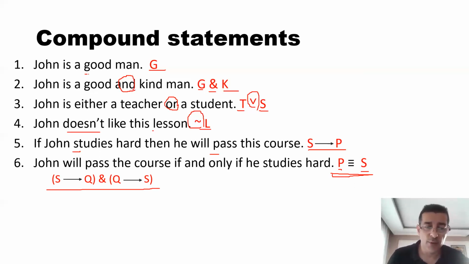But for now, what is this? This is a conditional operator. What is this? This is a conjunction operator, right? So now we have if and only if. Now, if you've noticed, here we have changed the S and P's, right?